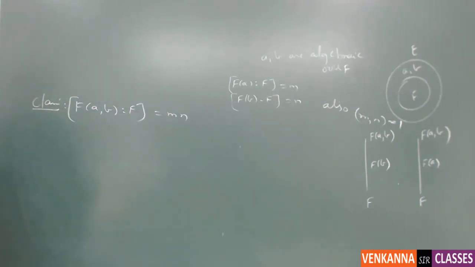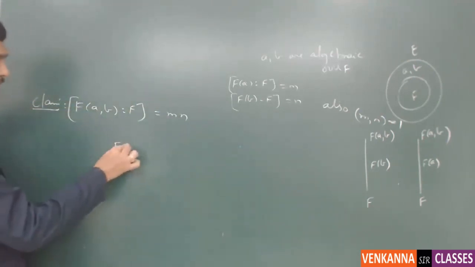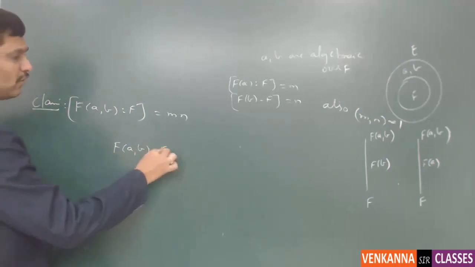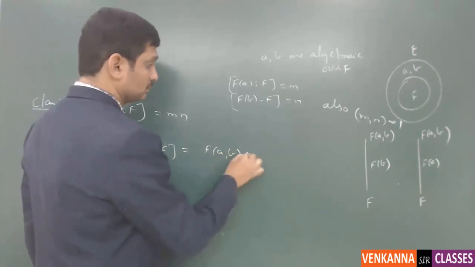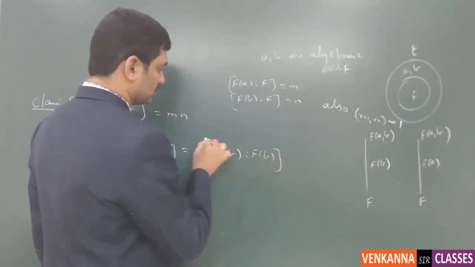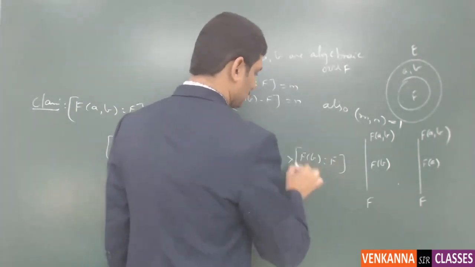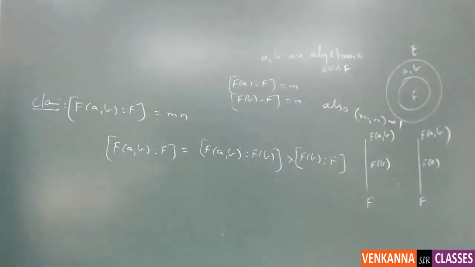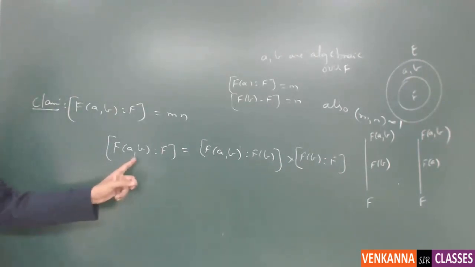So from this, if you consider this one, f of AB over f is equal to... applying the extension properties while writing the hierarchy. So actually we don't know what this value is.